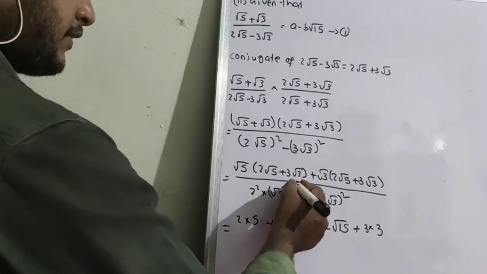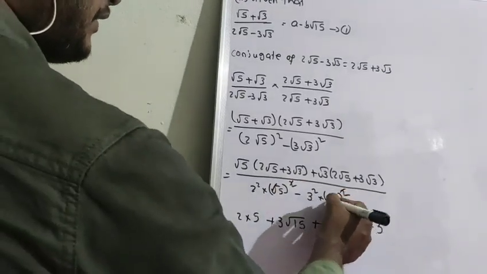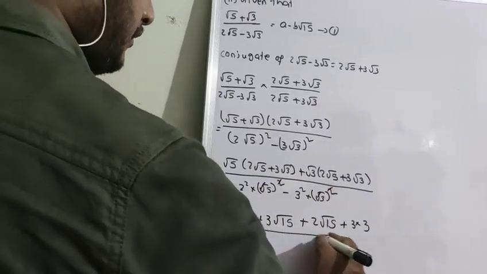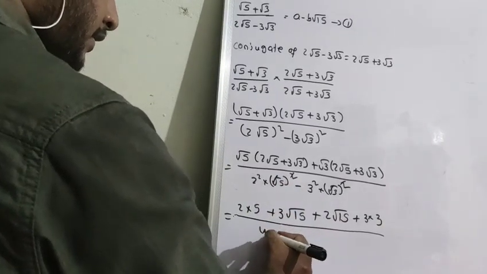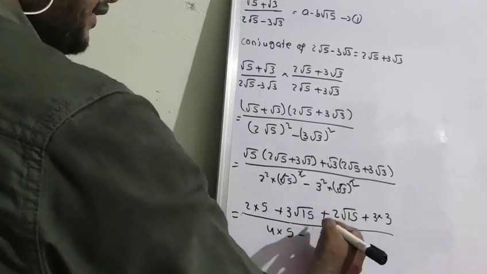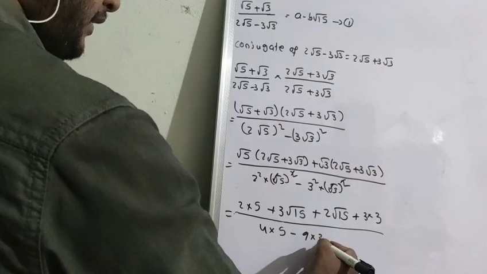So afterwards the square root gets cancelled by 2 square 4 into 5 minus 3 square 9 into 3.